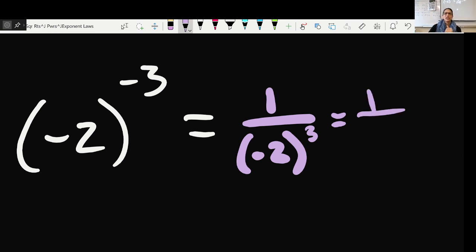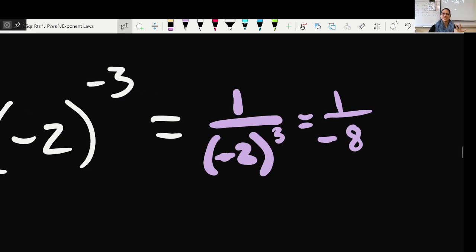So then working our way through it, we have negative 2 to the power of 3. Is the answer going to be positive or negative? It's negative and the exponent is odd. We'd have a negative. And what is 2 to the 3? 2 times 2 is 4 times 2 is 8. So we could write it like this, 1 over negative 8.